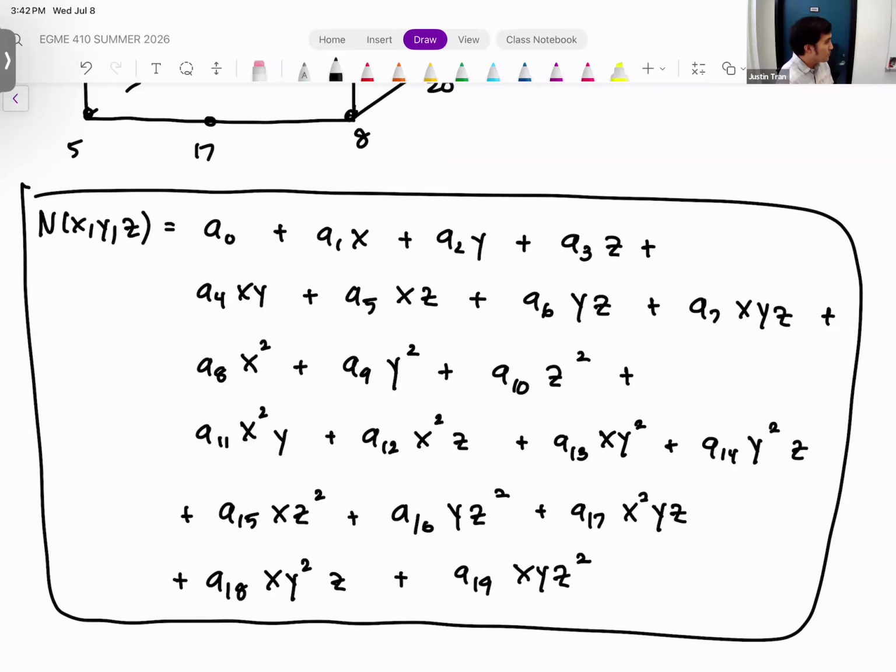Okay. So writing the shape function for the quadratic hexahedron takes up an entire page. But we get a lot of really nice behavior here, right? So a lot of quadratic terms, a lot of combinations of x, y, and z. And so this is going to cover a very wide range of solution behavior.